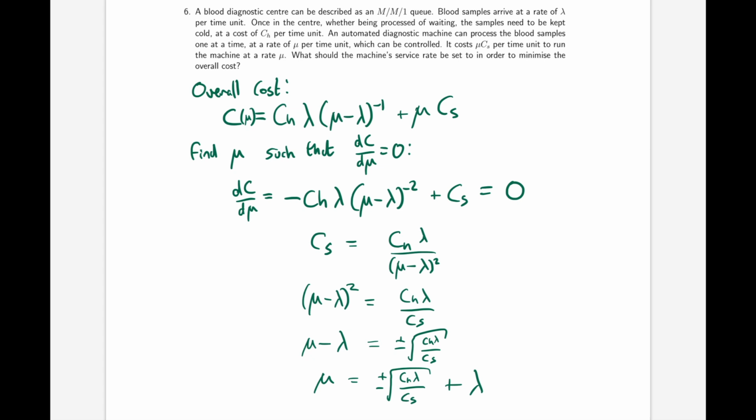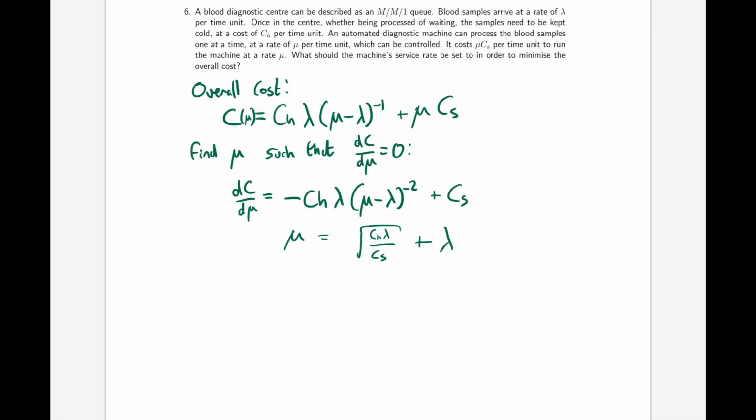So which root do we take? Well, the clue lies in this line here. From stability, we know that lambda over mu must be less than 1, and so lambda must be less than mu. If lambda is less than mu, then mu minus lambda must be positive. So we need to take the positive root here, and so we know which root we care about.